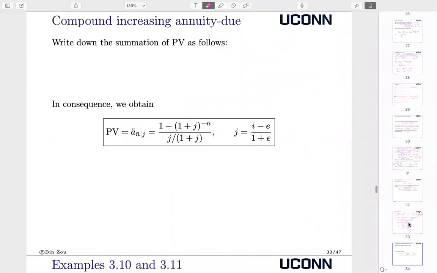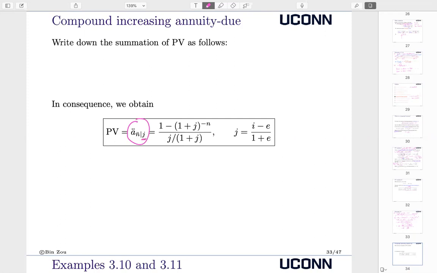Once you have the formula for annuity immediate, the annuity due is almost trivial. What you need to do is change the denominator part. If you do a quick comparison, you will see this is the standard annuity due, but at a different interest rate.